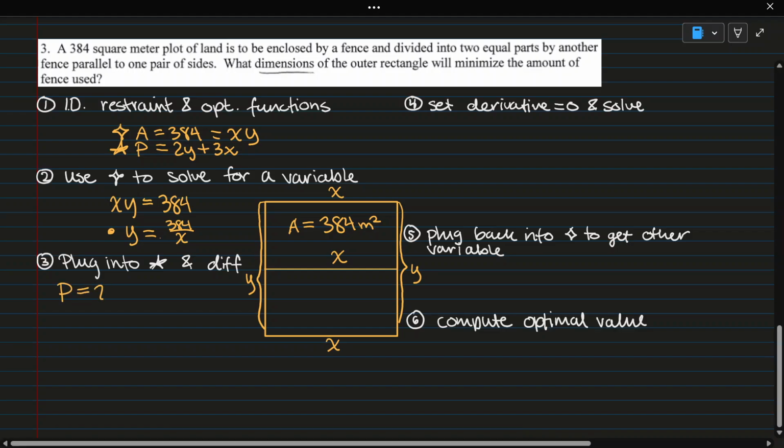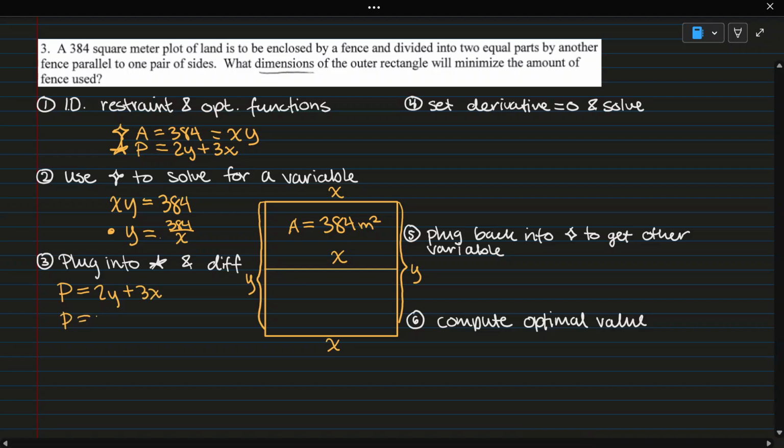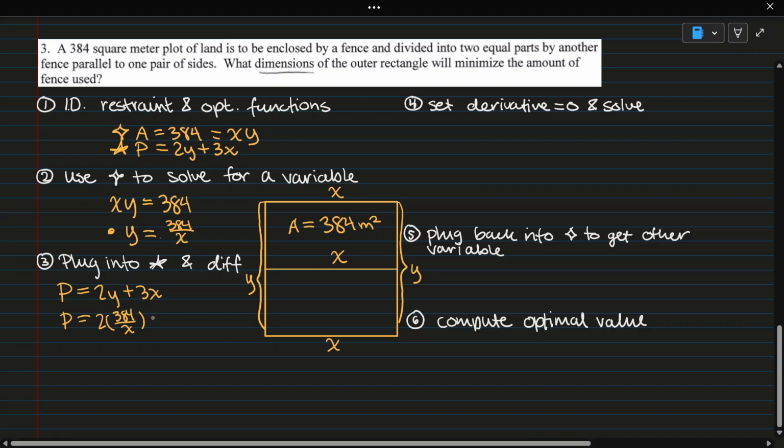So P is equal to 2y plus 3x, which means we have 2 times 384 over x plus 3x. And now I want to differentiate. So my P prime is going to equal 2 times negative 384 over x squared, since the derivative of 1 over x is negative 1 over x squared, plus 3.